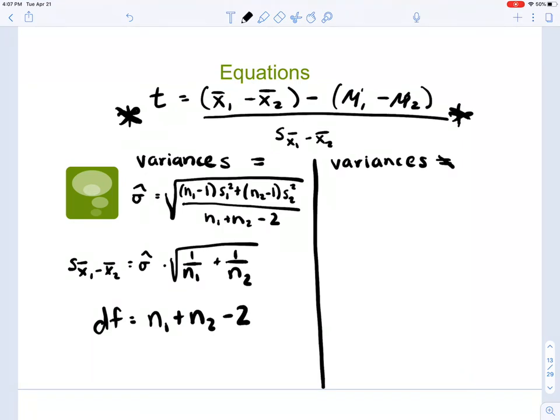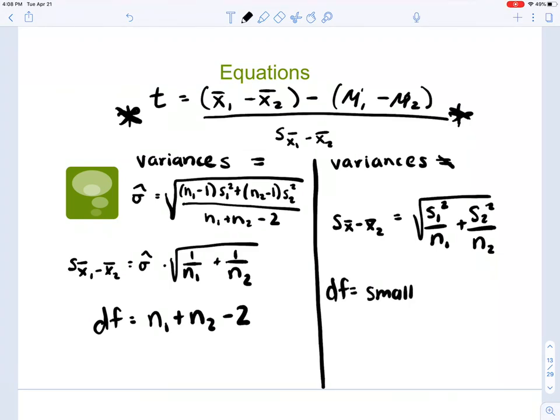Now if our variances are not equal, we have a much simpler case where our standard error equation is very simple. We don't have to solve for the pooled estimate first. And our degree of freedom is going to be whichever is smaller, n1 minus 1 or n2 minus 1.